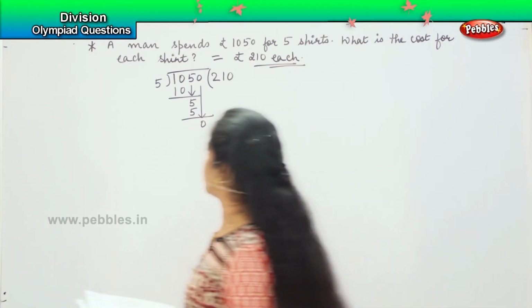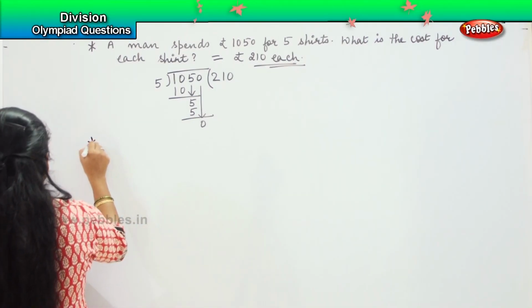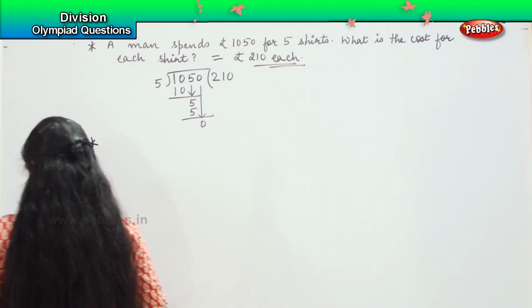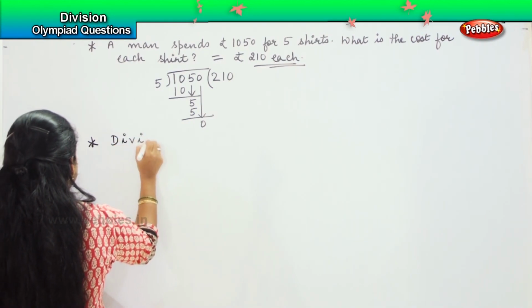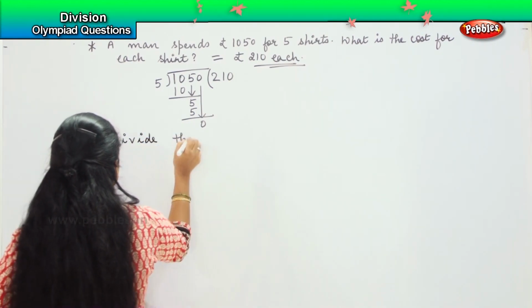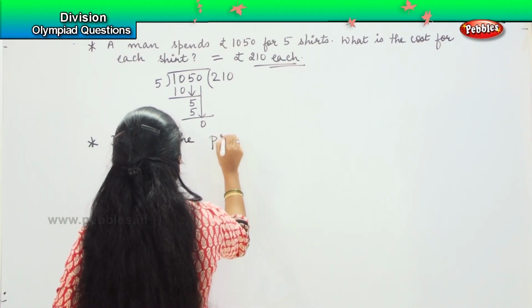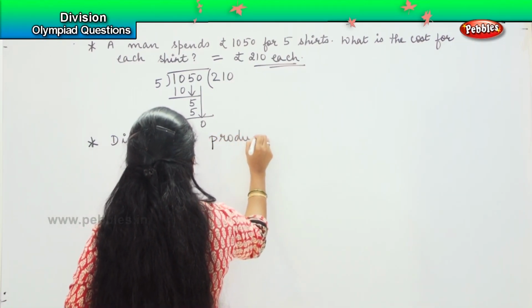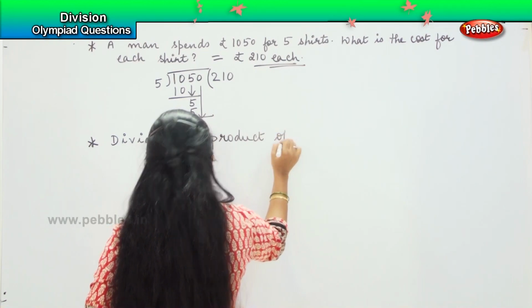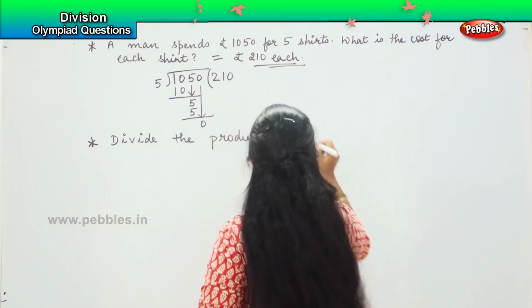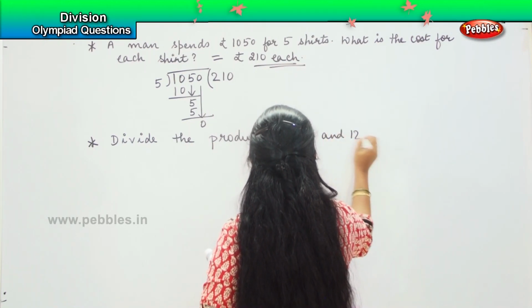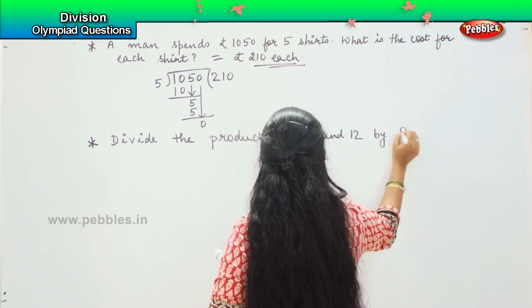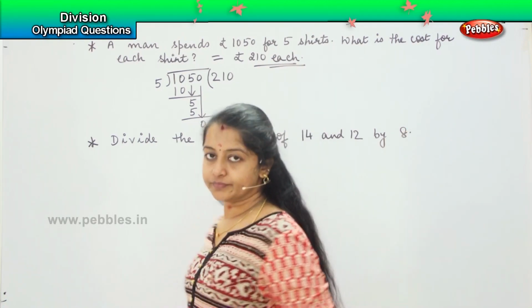Here is your next question. Your next sum says, divide the product of 14 and 12 by 8.